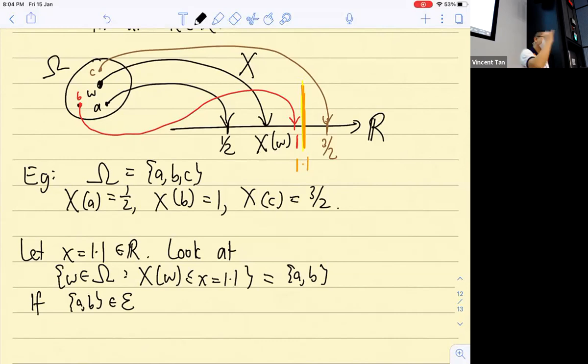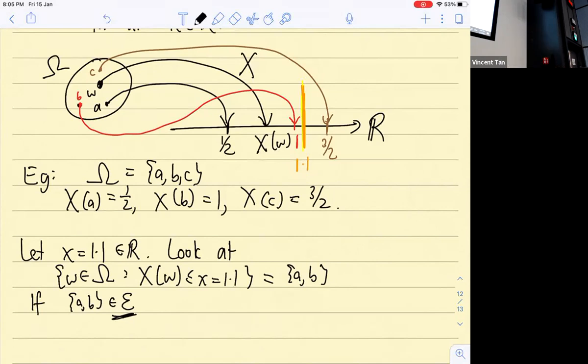So whether or not X is a random variable depends on the sigma algebra that we assign to Omega. If I fix a certain sigma algebra already, that is my E, then I can ask whether X is a random variable or not. If indeed {A, B} is an event, then we have done a simple check that at x equal to 1.1, we are not violating the condition yet. Now we need to sweep through all possible x.